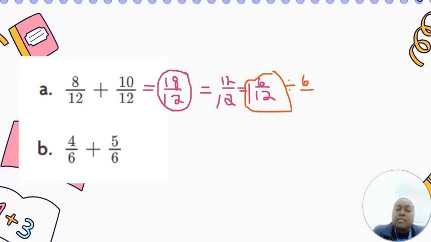I know that 6 divided by 6 equals 1. Let me keep my whole number. That equals 1. And I know that I can make 2 groups of 6. So 12 divided by 6 equals 2. So you could see it as 18 over 12, 1 and 6 over 12, or 1 and 1/2.